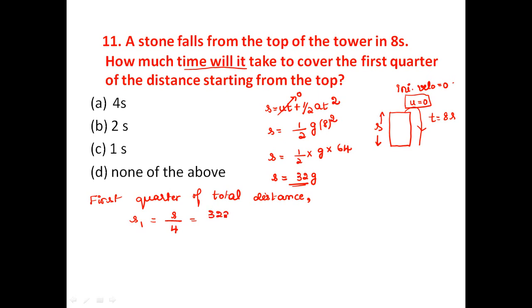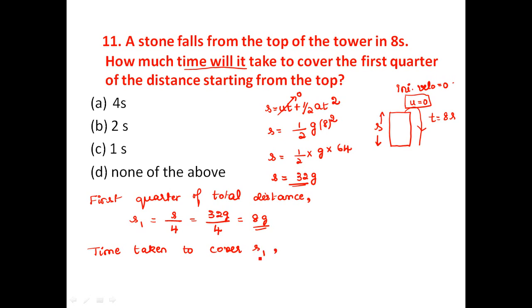It becomes 32g by 4, which is equal to 8g. This is the first quarter of the distance. They have asked how much time did it take to cover the distance 8g. I'll write time taken to cover the distance S1.